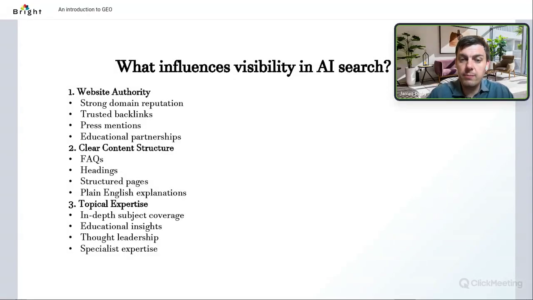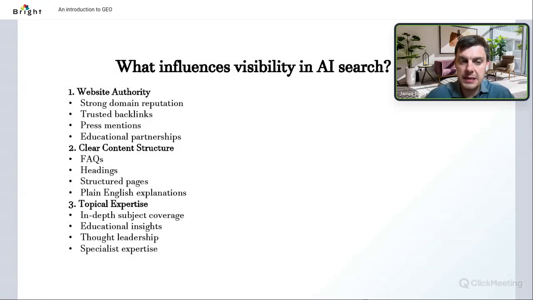And then that expertise bit can come from a number of different routes, but in-depth subject coverage can really, really help. So sometimes that could have been a disadvantage with something like SEO, where you're writing too much information. But with GEO, you can get a good balance in terms of proving that you're an expert in this area by going into detail. Insights and references to anything that you're stating will really help. Thought leadership, so regularly putting out content, maybe articles or newsletters within your website around thought leadership.